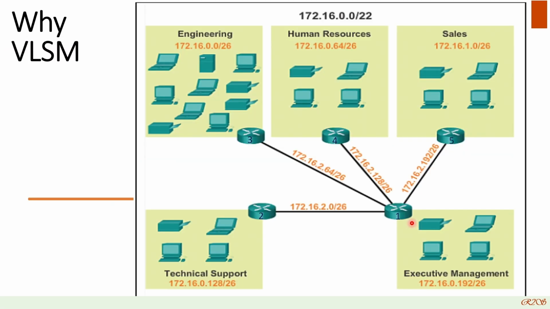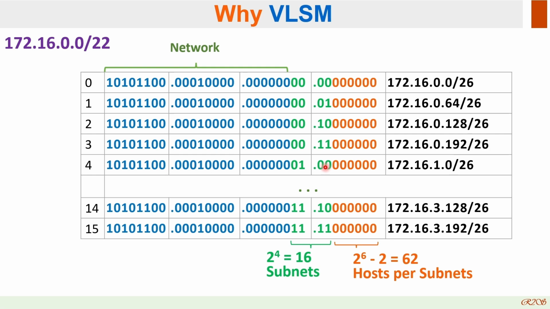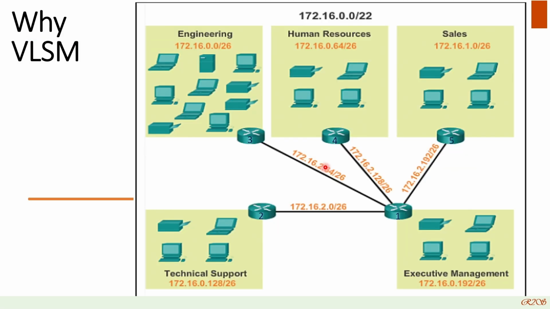Now let's assign our 9 networks to these 9 subnetworks and see what happens. Consider we assign the first subnetwork to the engineering department, which has 55 hosts.